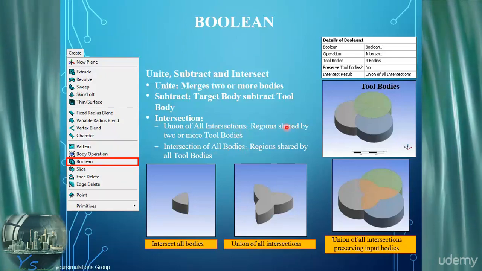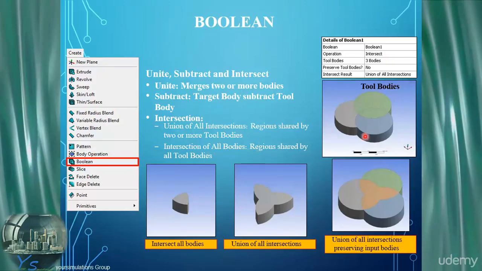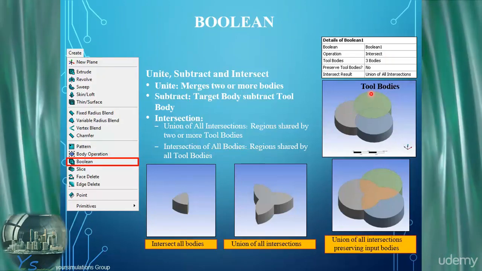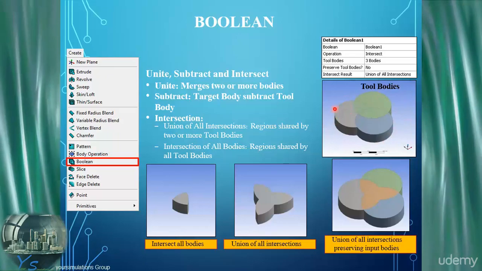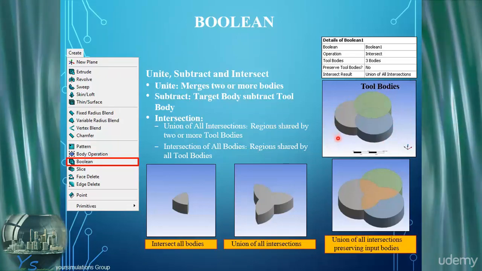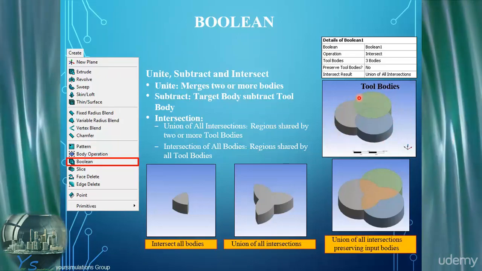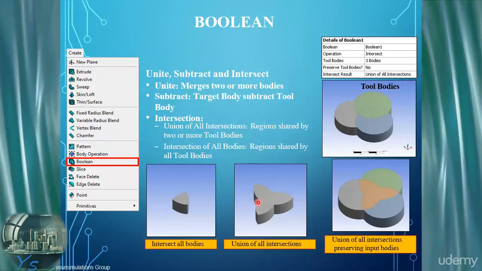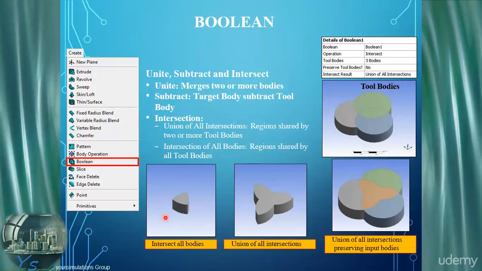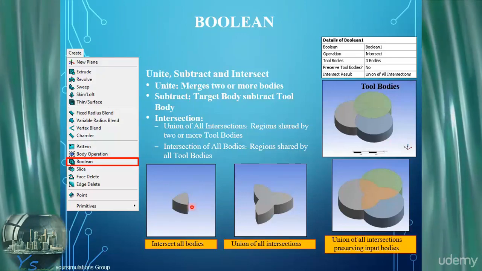Now here we can see some examples. On the right hand side we have these 3 bodies which go through each other, so neither of these bodies sees the other body, and then we can perform some operations to then allow them to see each other's position. So here if we perform an intersect, we're just left with the intersecting body.